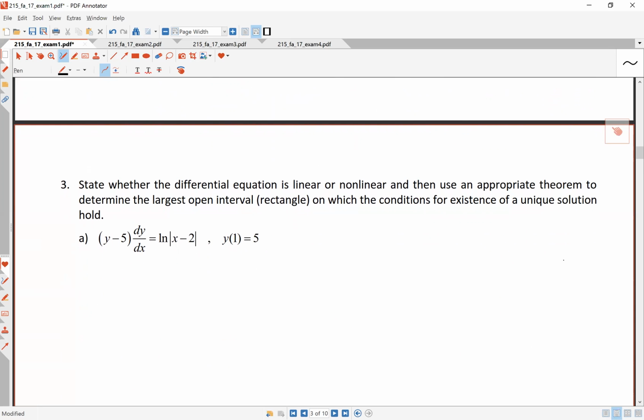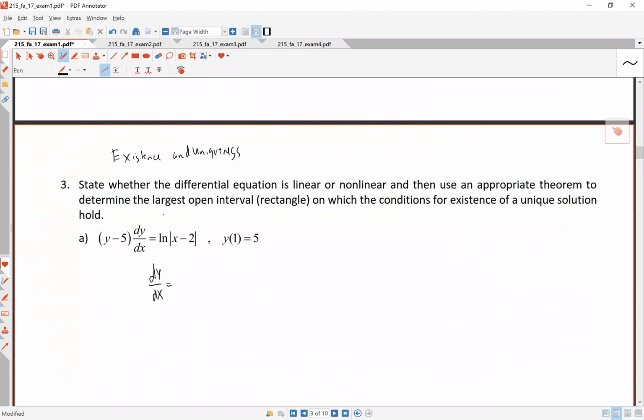We did a lot of existence and uniqueness theorems in this class. This is going to be important on the final. So, state whether the differential equation is linear or nonlinear.